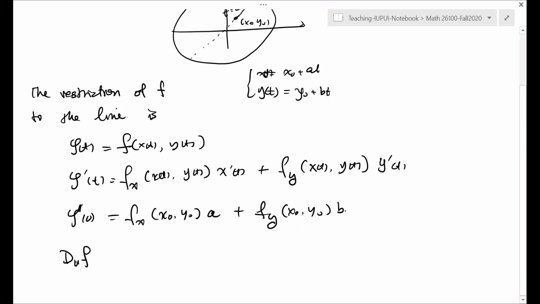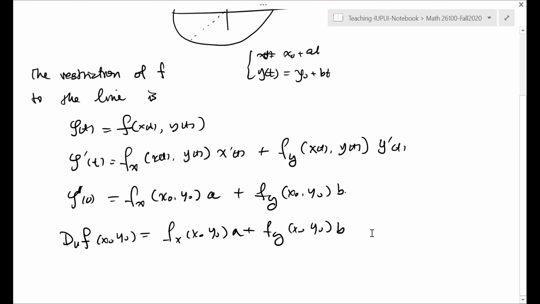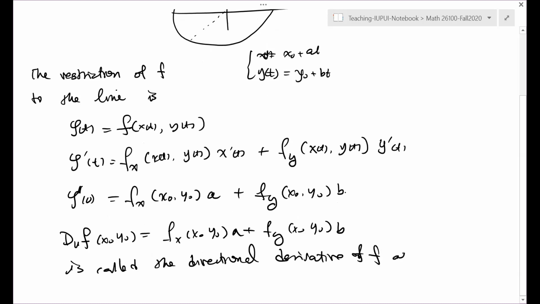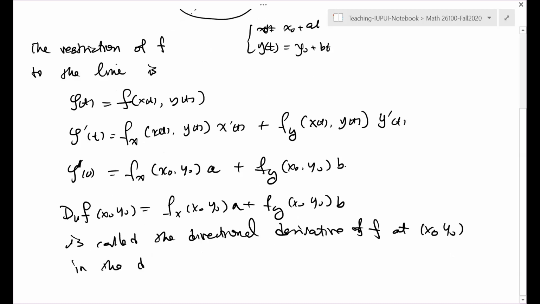So we're going to introduce a new notation, capital D_u f, and we also put x naught, y naught. That's defined to be this. And this is called the directional derivative of f at that point, in the direction of u, okay?